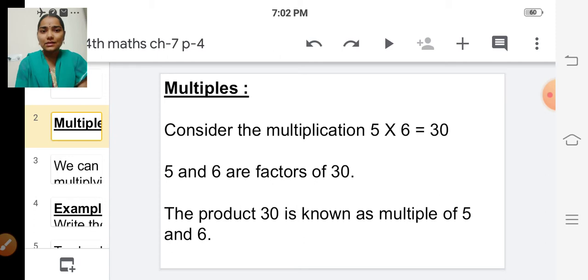So 5 and 6 are factors of 30 and 30 is the multiple of 5 and 6.